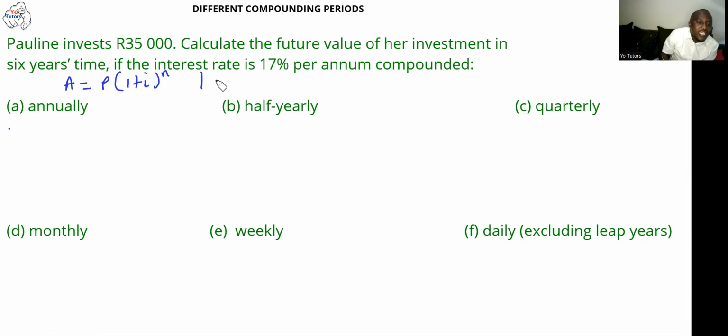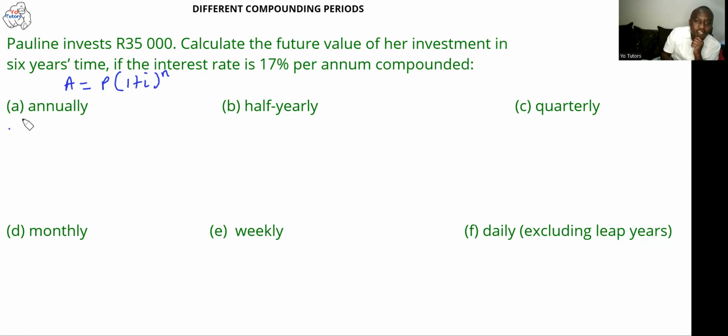In this case, let's put the time. Time is n. It's going to be 6. Let's not put this because it's going to change. Let's now see how it changes.